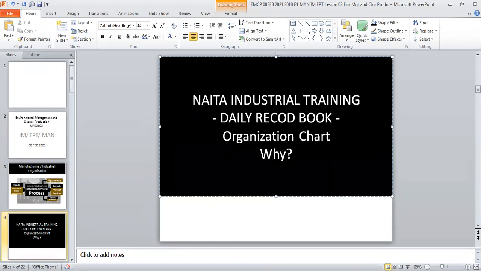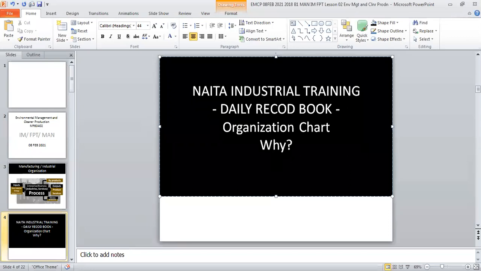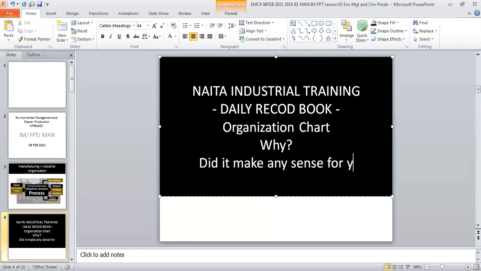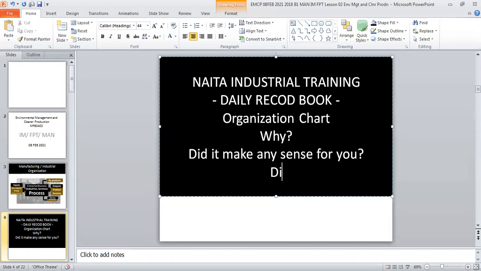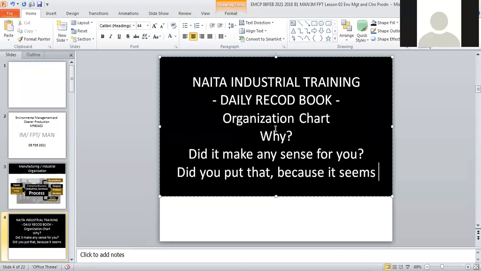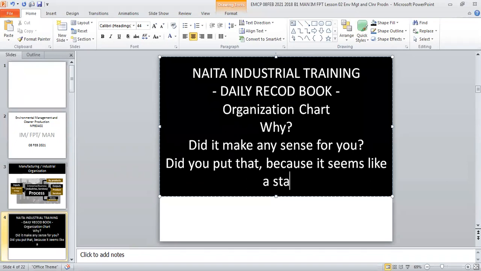Why? Did it make any sense for you? Or did you put that because it seems like a standard to put that organization chart?